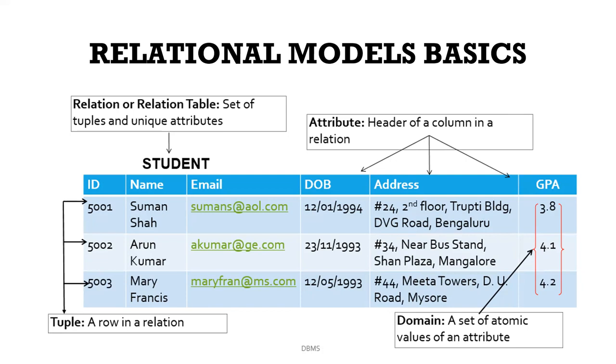The individual value is a set of atomic values of an attribute. For example, the last column is GPA. The GPA contains the data 3.8, 4.1 and 4.2. These values are related to GPA alone, so it is an atomic set of values. That is why it is called a domain.